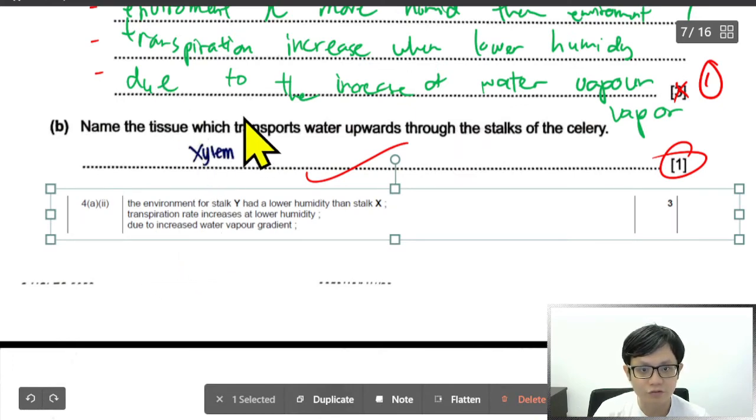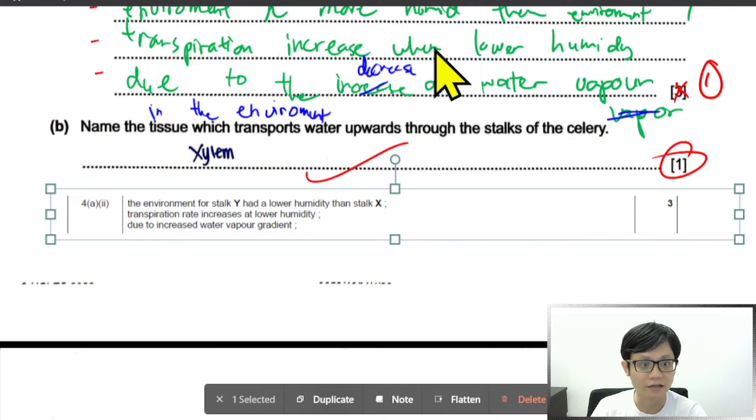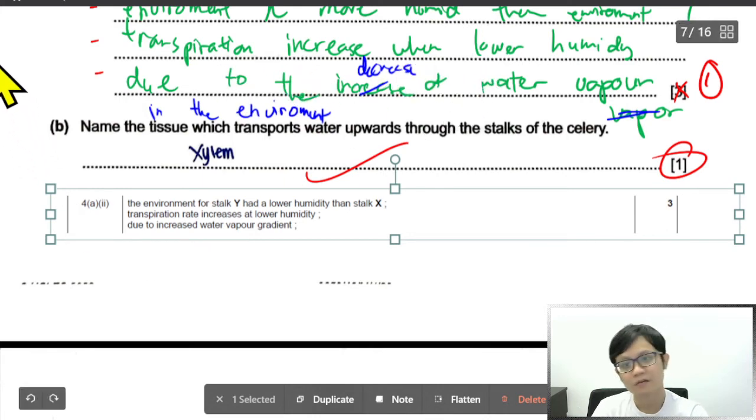So for this one, it say due to the increase of water vapor. Maybe you can say due to the decrease. I just put here: due to the decrease of water vapor in the environment. So I think this also makes sense, because if you got lower water vapor content in the environment, your transpiration increase.